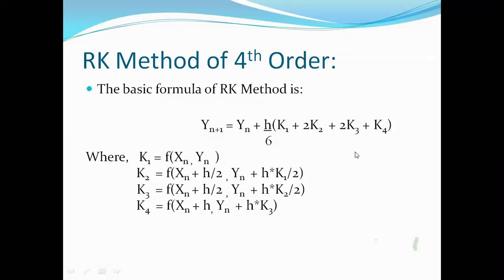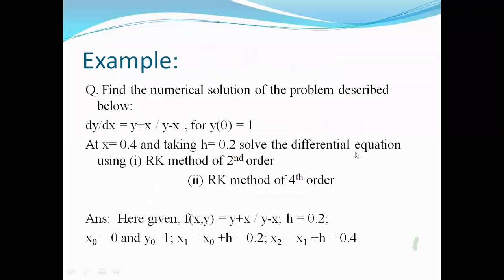So next, coming to the examples. In the first example, what we are given is dy by dx equals (y plus x) divided by (y minus x), given that x0 is 0 and y0 is 1.